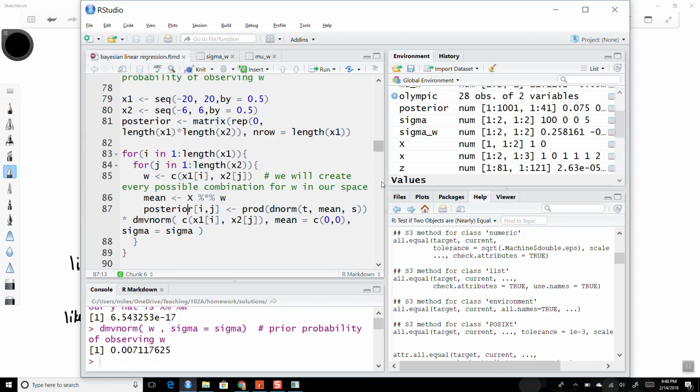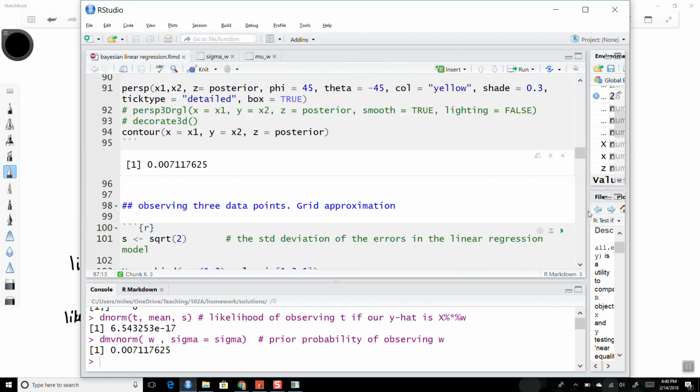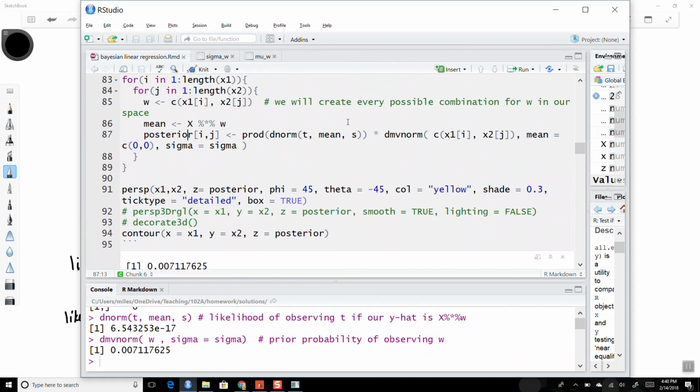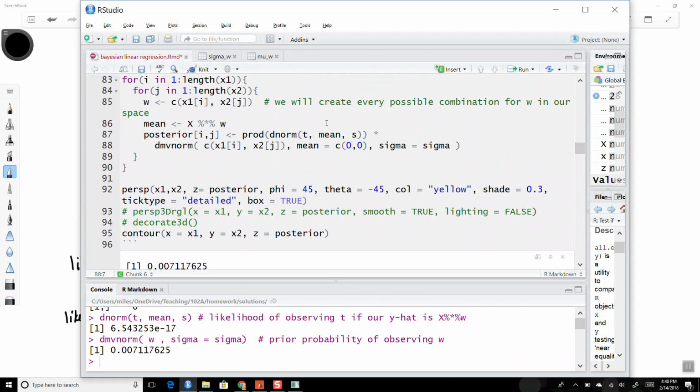And then the posterior distribution is going to be the product of your likelihood. I'll get rid of this product term. It's not necessary.